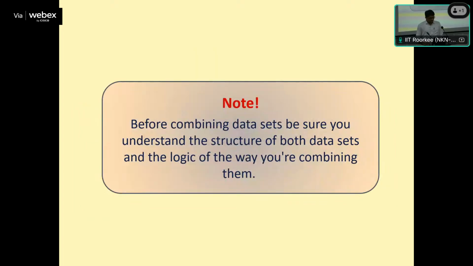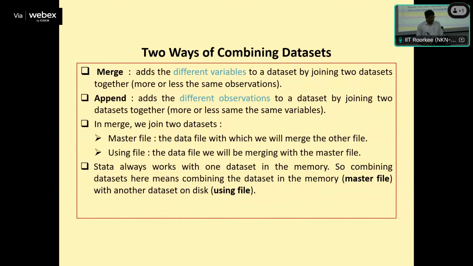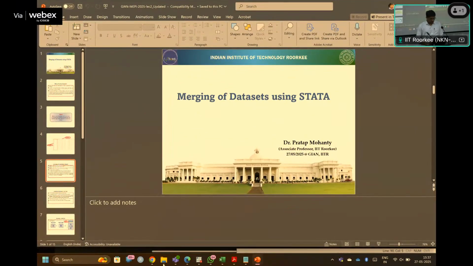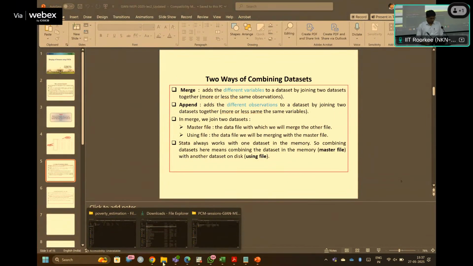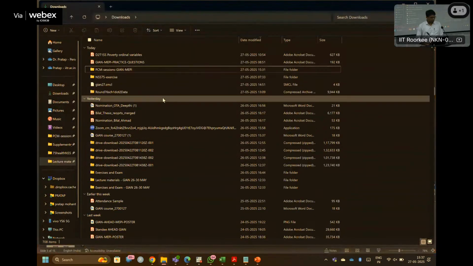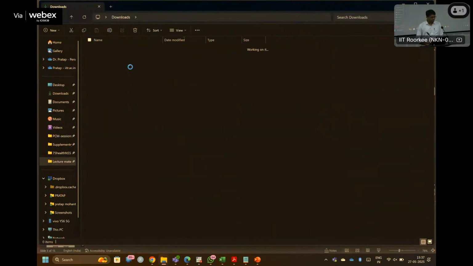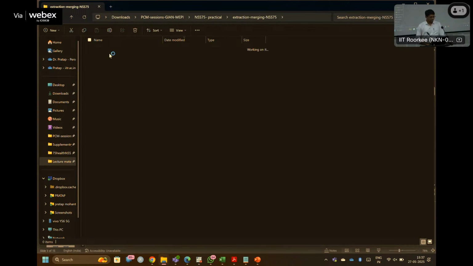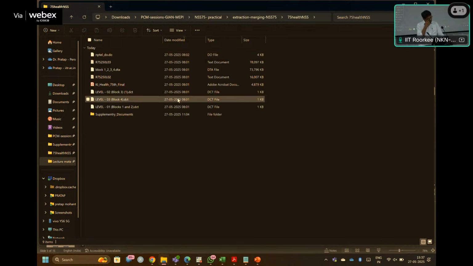Okay, so starting with any dataset we have shared already. So I have these. NSS 75. Then I will also give you the codes and the estimation of consumer expenditure round 68 and 72.